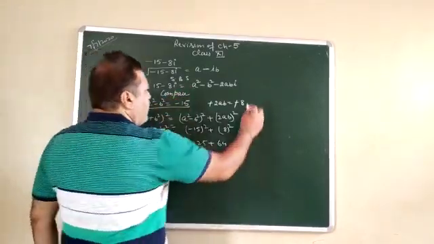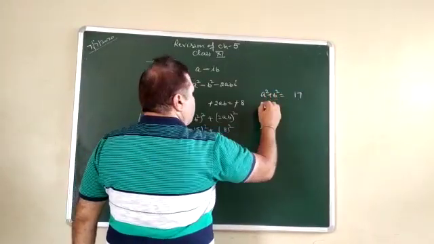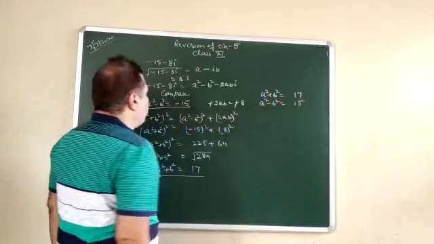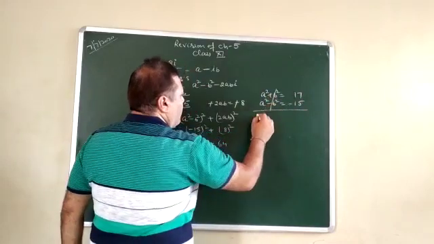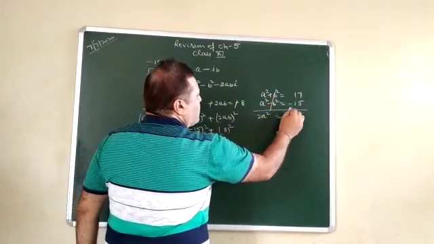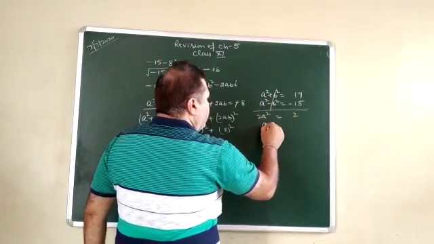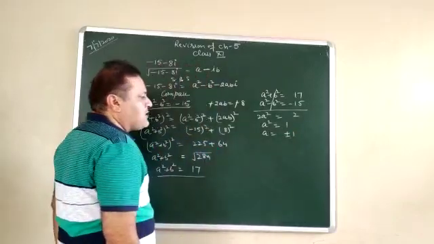Now simplify, cancel: 2a² is equal to 2, then a² is equal to 1, a is equal to ±1.